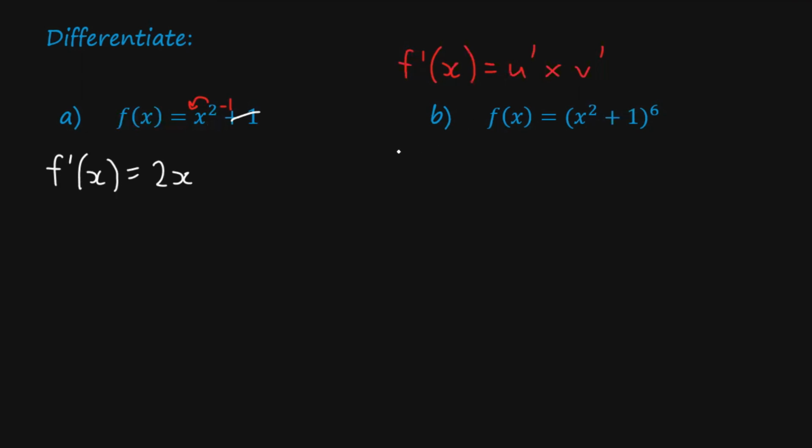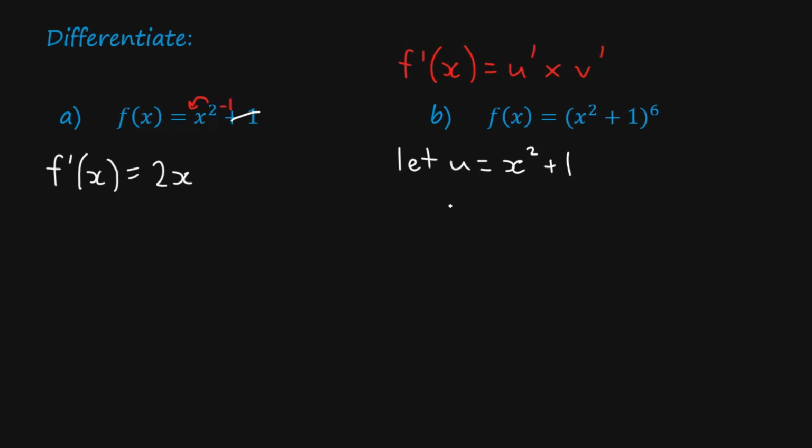To start with, we can let u equal the inner function, the function within the other function. So u is going to equal x squared plus 1, and that's just that one there.